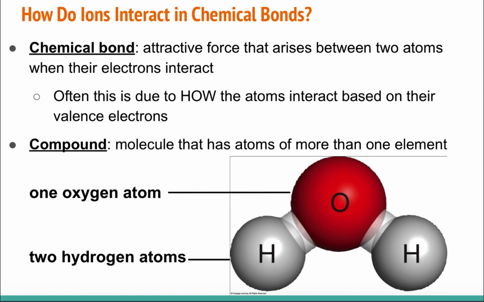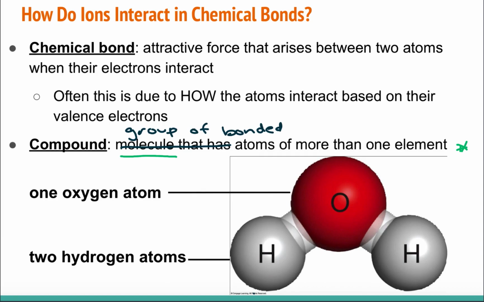Okay? Now, another term that's going to come up is compound. Now, this definition is your textbook definition. I'm not a huge fan of it, honestly, and the reason why is this word molecule. I wouldn't use the word molecule, personally speaking. I would say, instead, that a compound is a group of bonded atoms of more than one element.